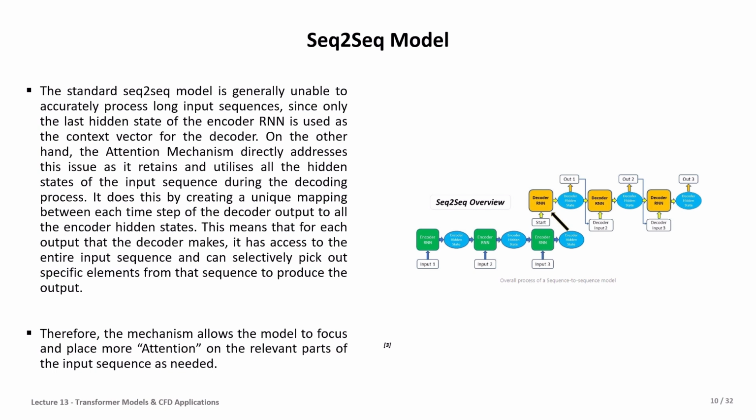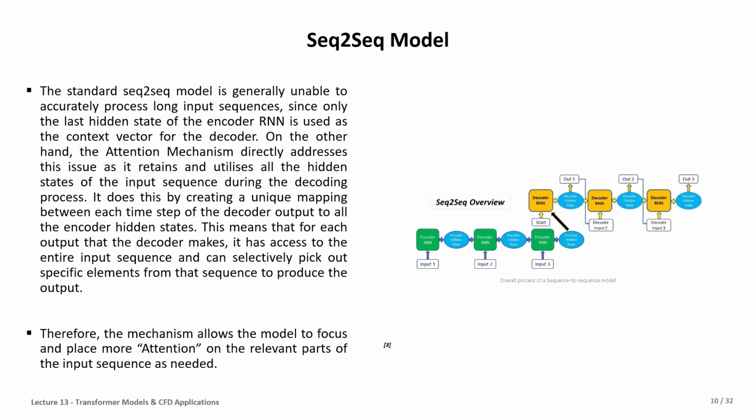Therefore, we can say in this mechanism, it focuses and places more attention on the relevant parts of the input sequence as needed, which makes it powerful, because mostly we face problems when we don't have history from the input, when we don't have enough information from the input, and we can't find a mapping between them, especially with long term data.